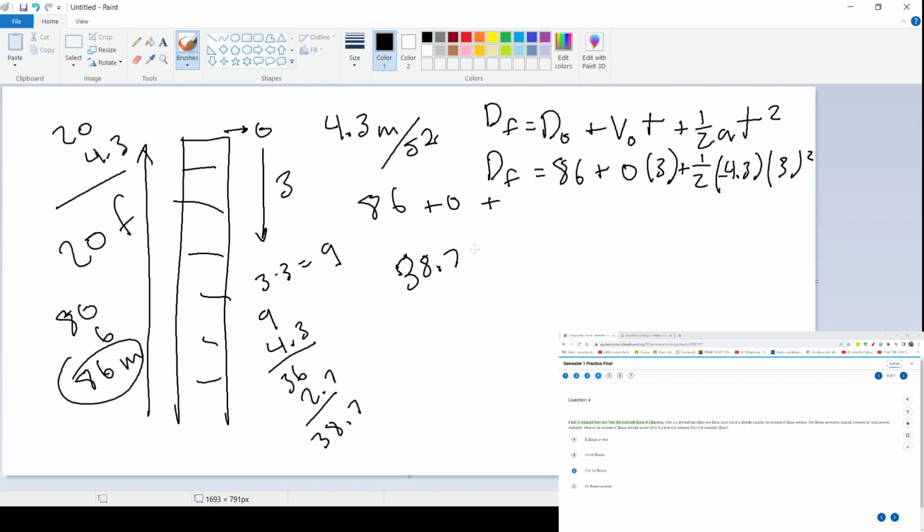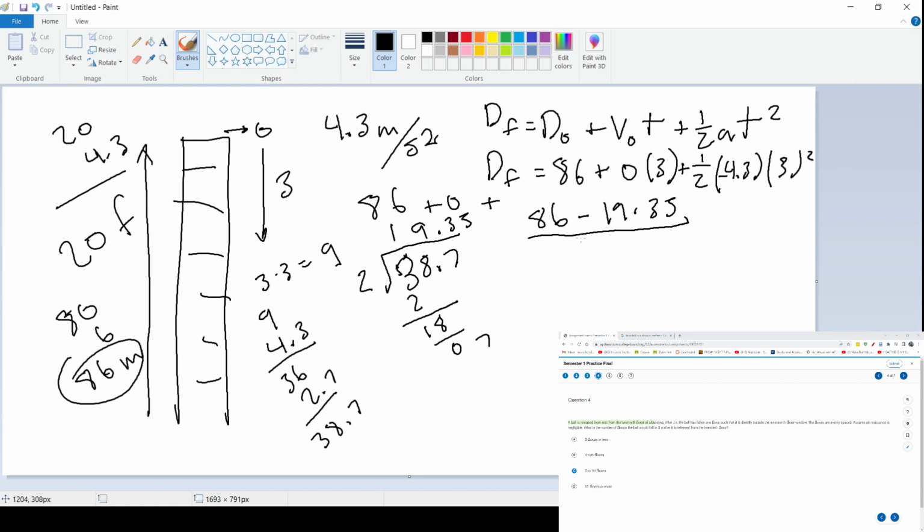Now we're going to divide that by 2. That's 19.35. So 86 minus 19.35.